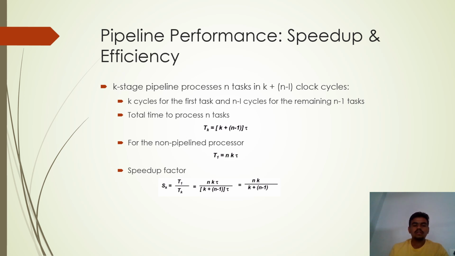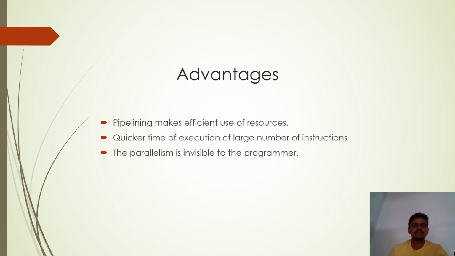For the non-pipelined process, T1 is equal to nk lambda. Speedup factor Sk is equal to T1 divided by Tk, which is equal to nk divided by k plus (n minus 1).